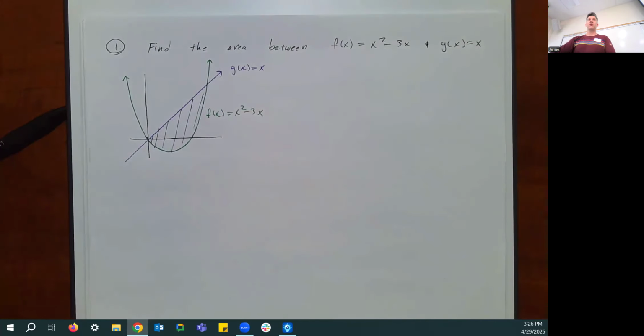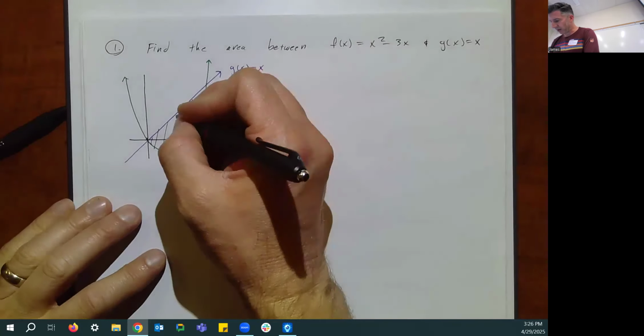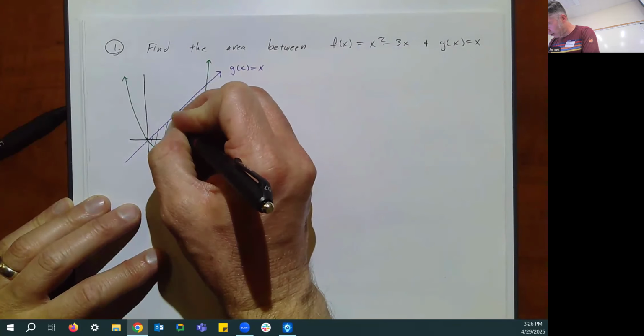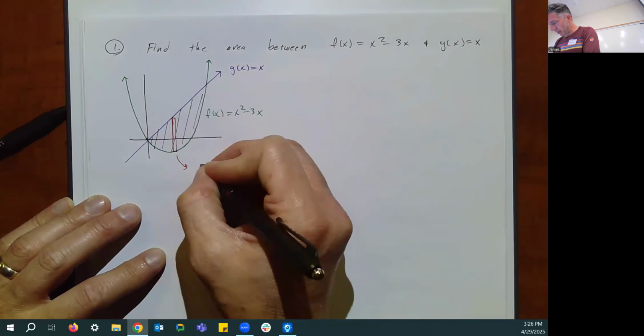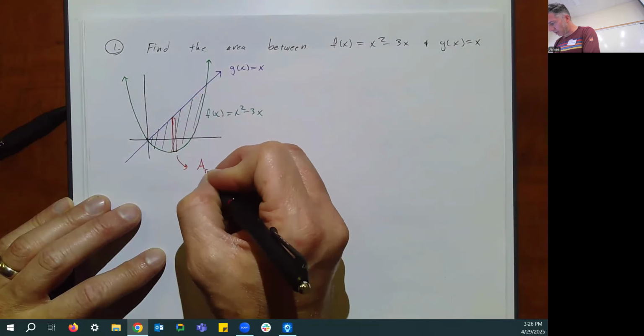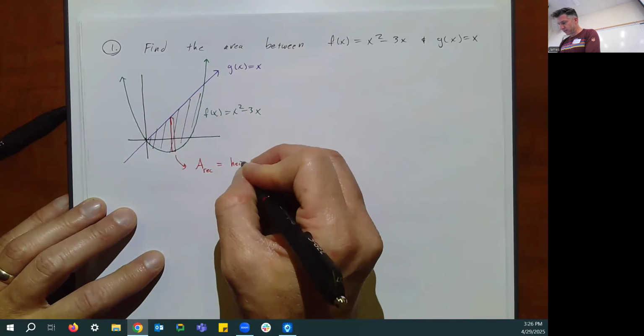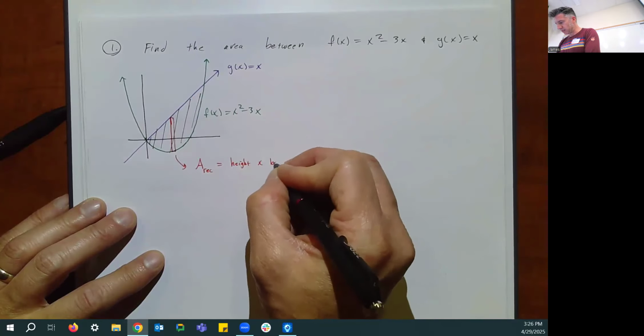And the idea that's going to stick with us through talking about area or volume or arc length or surface area is that we're going to take a representative strip or rectangle. Although I think I like the word strip better. So I'm looking at this rectangle here, and the area of that rectangle is equal to the height times the base.